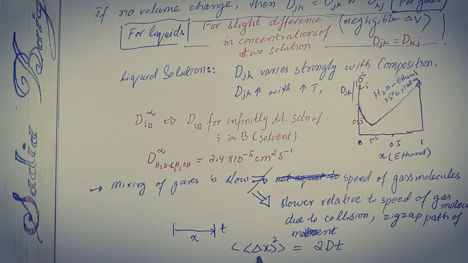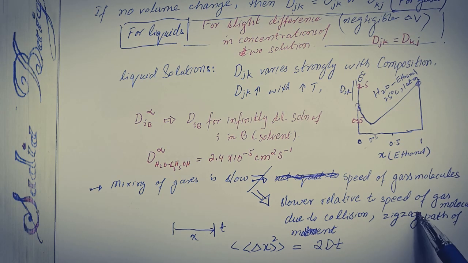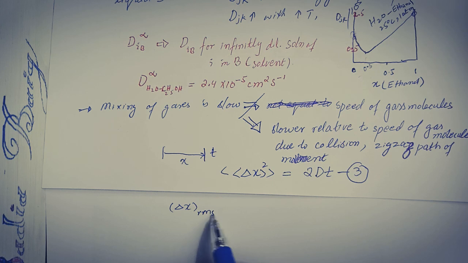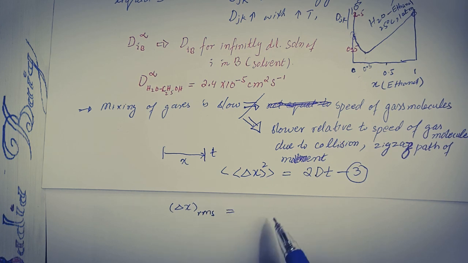Why are we taking the average? Because the displacement is not linear, but follows a zigzag path. So it's better to use the root mean square distance that is covered by the molecule, which is equal to the square root of 2Dt.